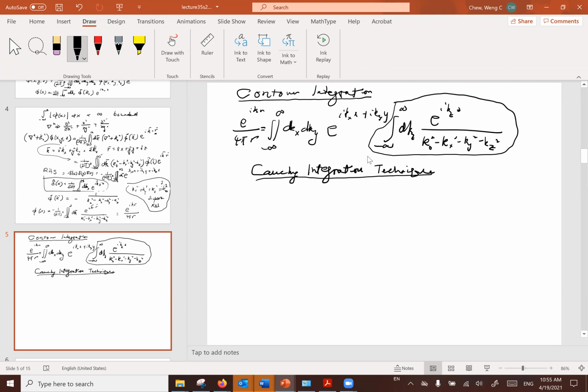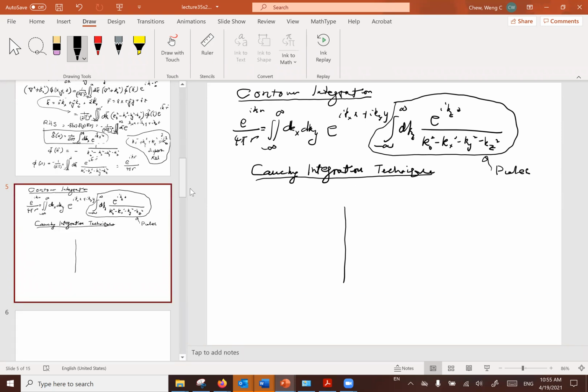What you do then is to try to look for poles of the integrand. Okay, poles of the integrand. Since I'm doing the kz integration, I would look for where the poles are and try to use Cauchy's theorem to simplify my integration.